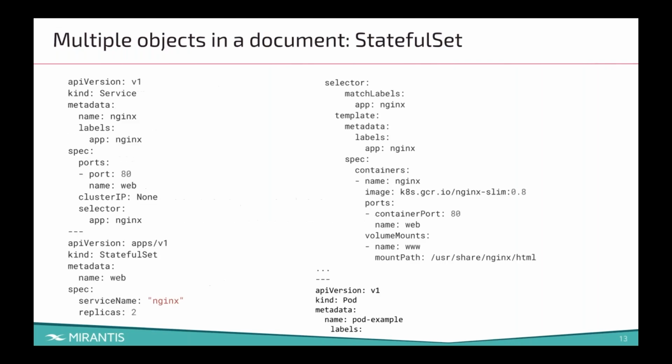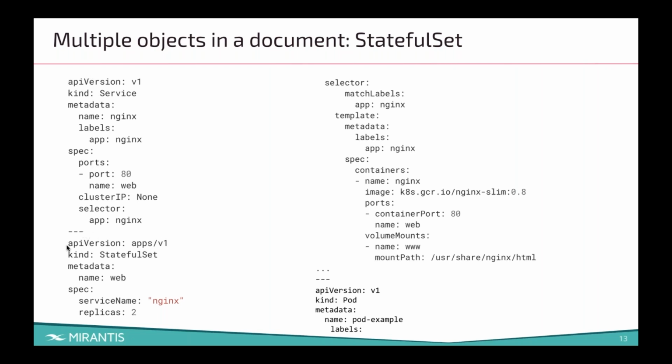Okay. So you can also have multiple, it says here multiple objects in a document, but really what it should say is multiple documents in a file, because each of these objects is considered a YAML document. So for example, here we have a service, a complete service starting from the API version, kind, metadata, and spec, which are the things that we said that these objects should have.